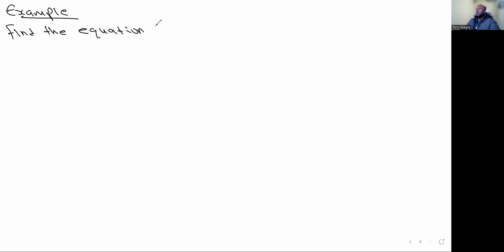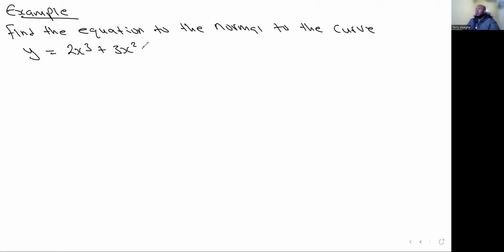So find the equation to the normal to the curve having y is equal to 2x cubed plus 3x squared minus 6 at the point on the curve with x equal to 2, okay?